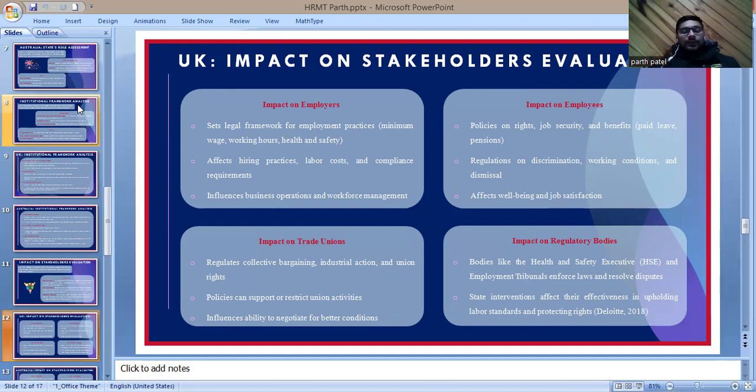Regulatory bodies such as the Health and Safety Executive and employment tribunals, together with others, make sure the regulations are being enforced, and it would be beneficial for labor.